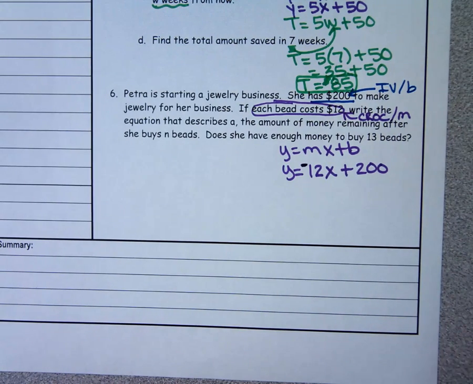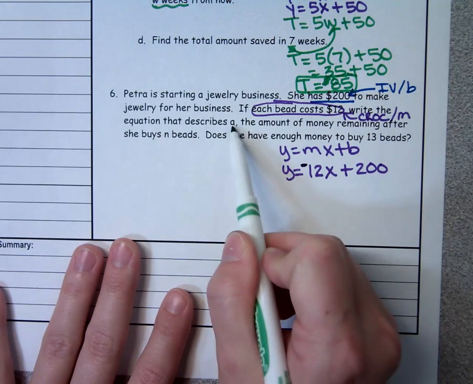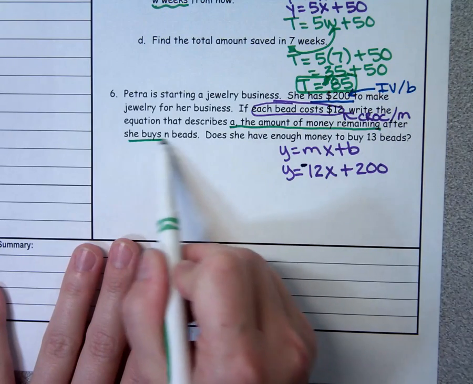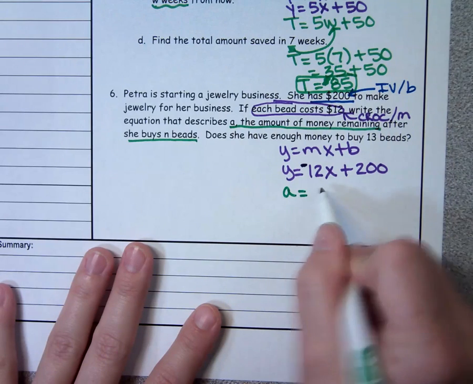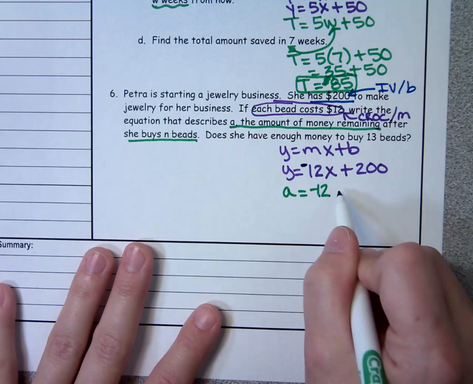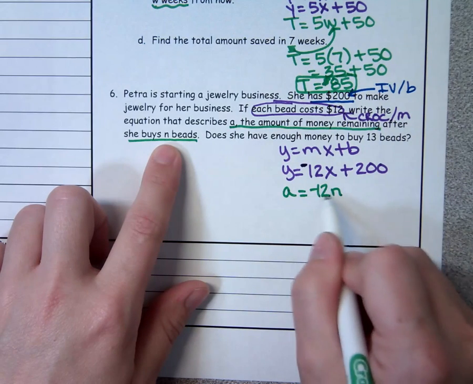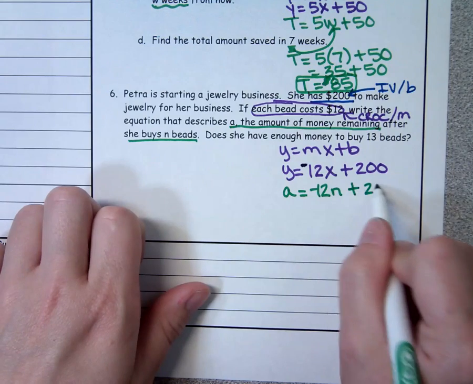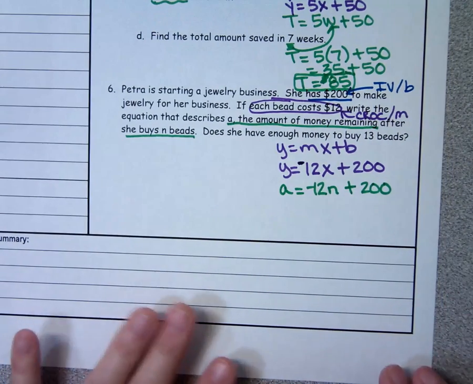Now let's try to put in the letters that they suggested. It says, write the equation that describes A, the amount of money remaining after she buys n beads. So A equals negative 12 times N, because you're paying $12 every time you have a bead, plus the 200 that she had to begin with for her jewelry business.